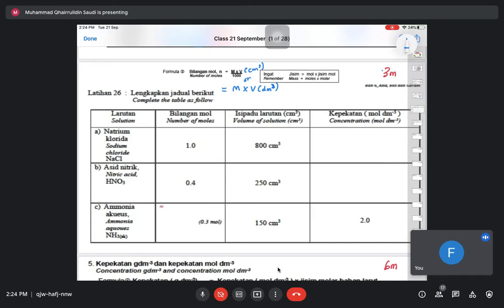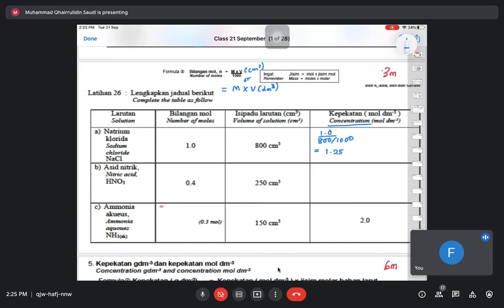Alright, so let's see. For A, the question asks you to find the concentration. So if you want the concentration, you just take number of mole 1.0 divided by 800 over 1000, and you will get 1.25.